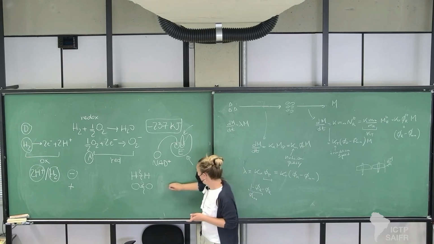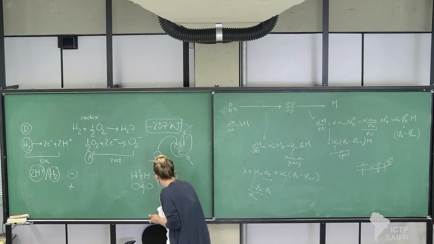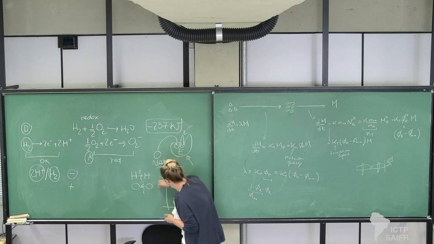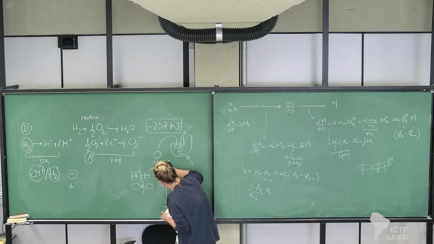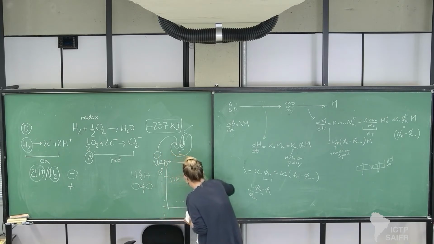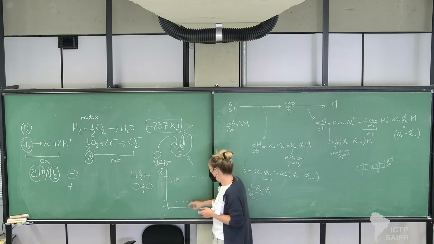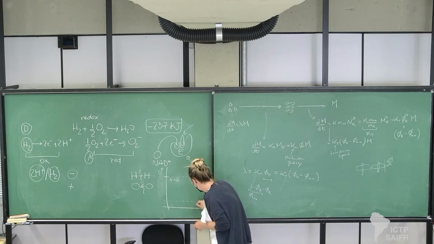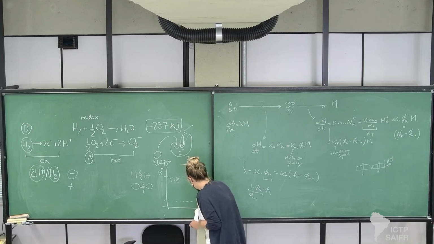If you have your free energy, this is G0 first, and you have the delta G of the products. Let's say I call the reactants A plus B. This is, as we said before, an exergonic reaction, so the G of the products is lower, so we can put H2O here.